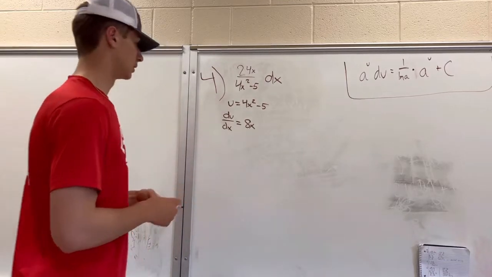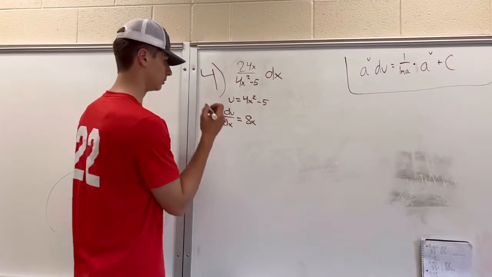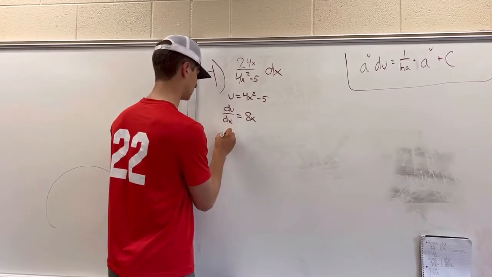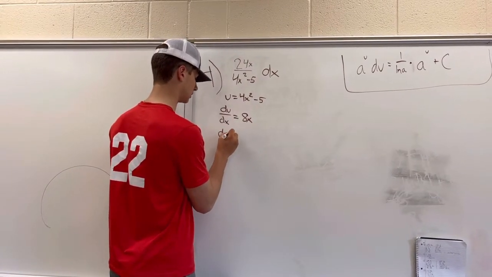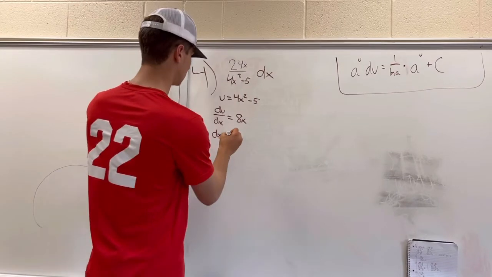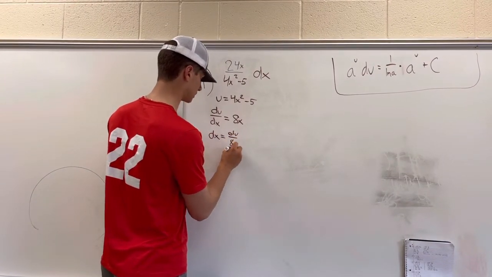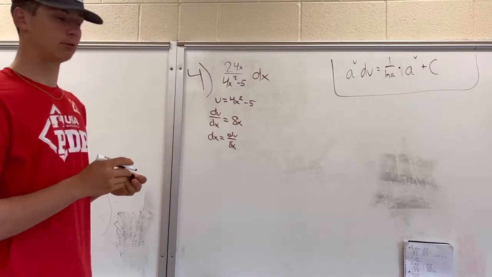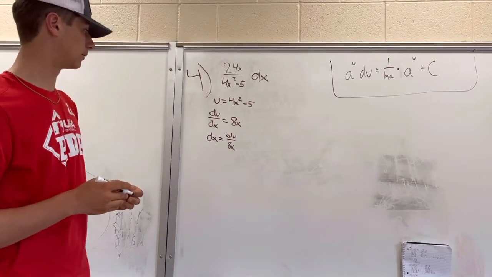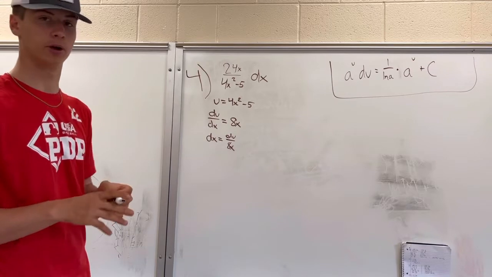All right, so now for our next step, we find dx. Our dx is equal to du over 8x. Now that we have all of this figured out, we have all of it laid out for us.